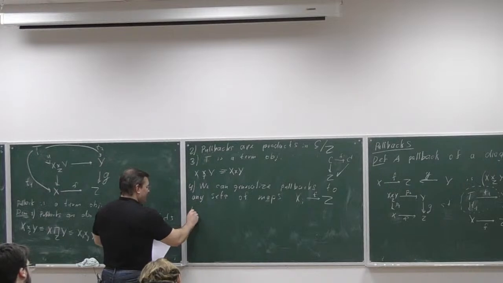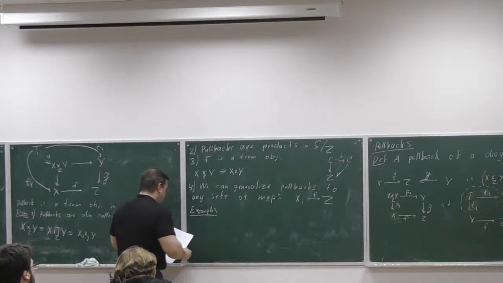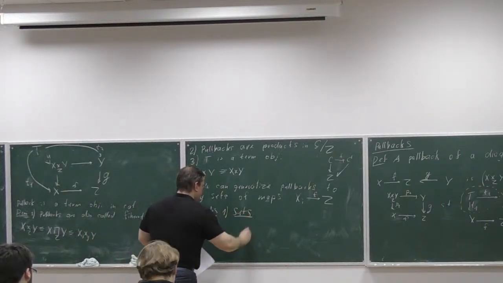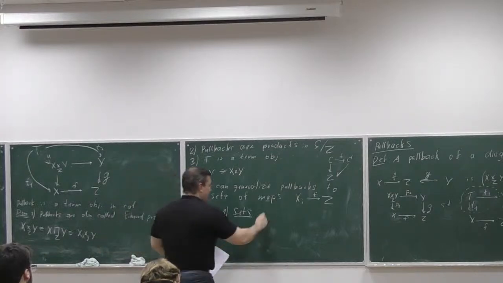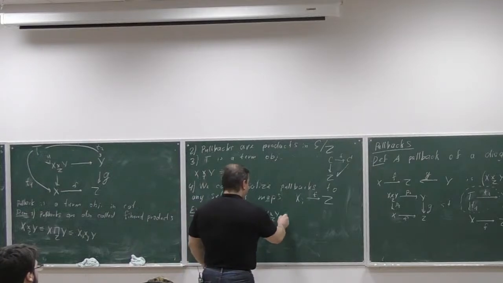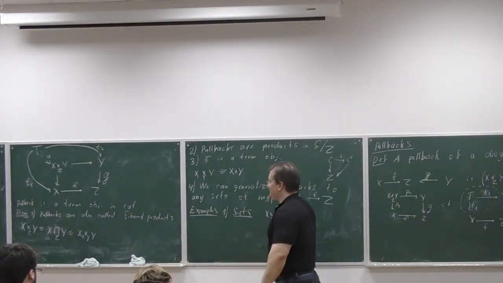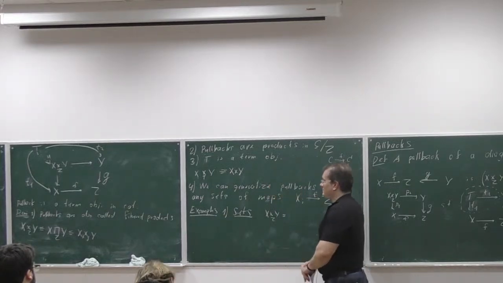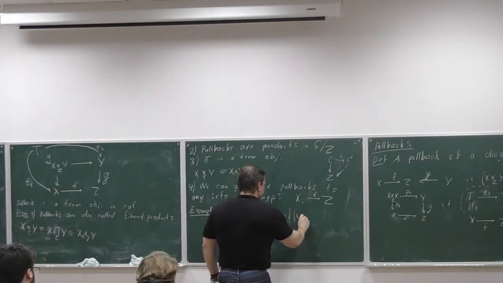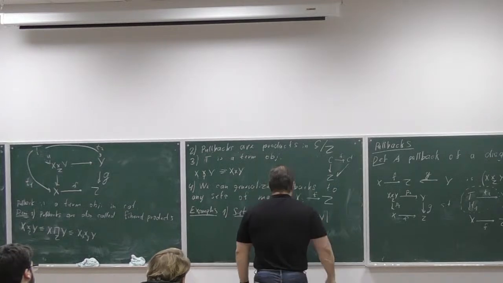Examples. Let's start with sets. So what's a pullback for three sets and two maps?